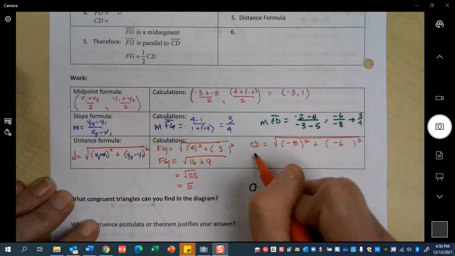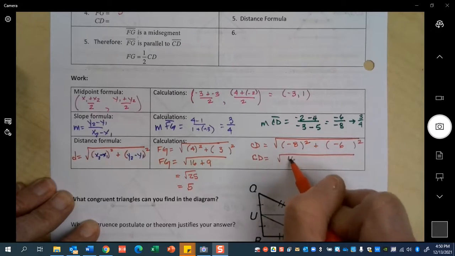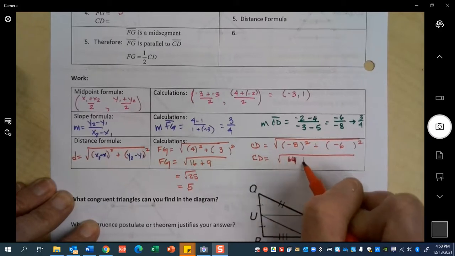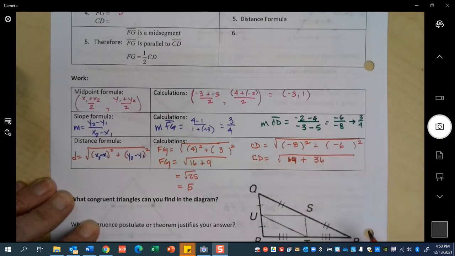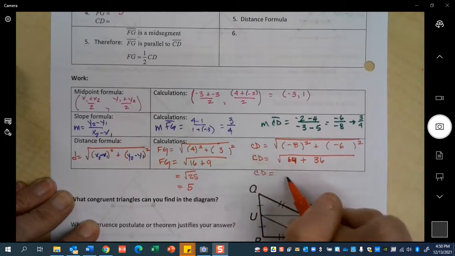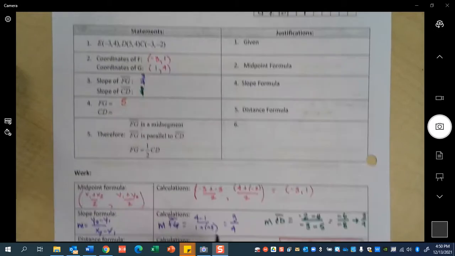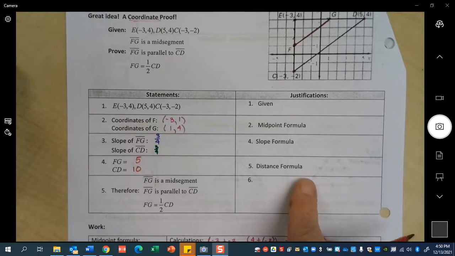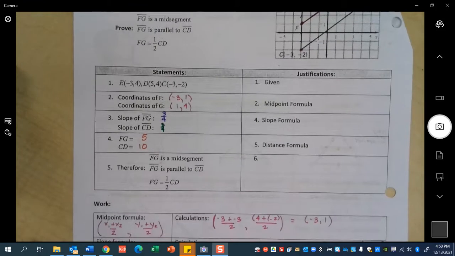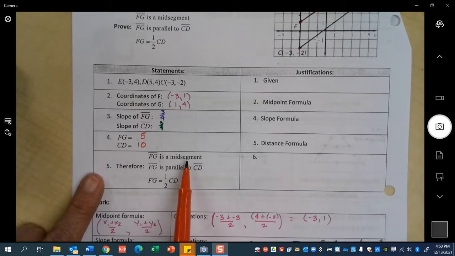So the distance from C to D is going to be equal to the square root of 64 plus 36. So the distance of C to D is the square root of 100, which of course is equal to 10. So I can fill 10 in for my distance from C to D, and my justification is the distance formula. That distance formula justifies what I'm doing. Here's my statement. Therefore, FG is a midsegment.